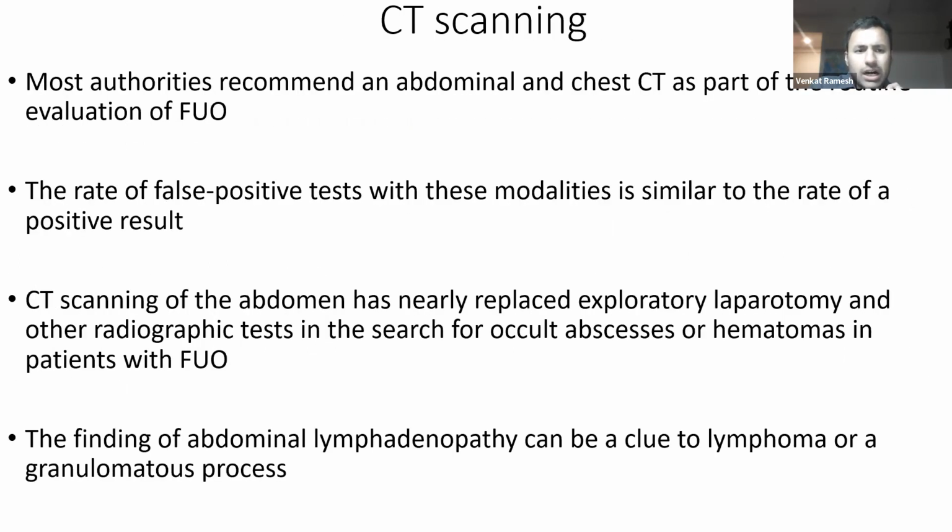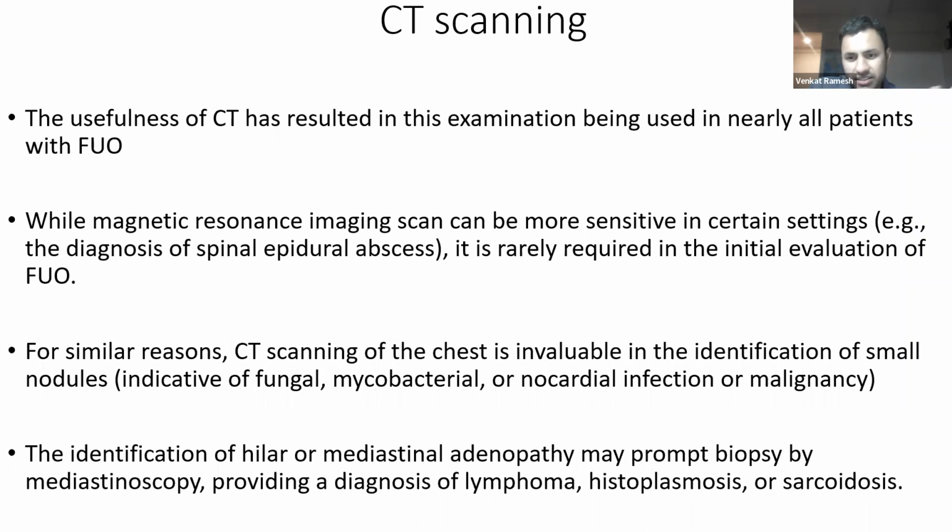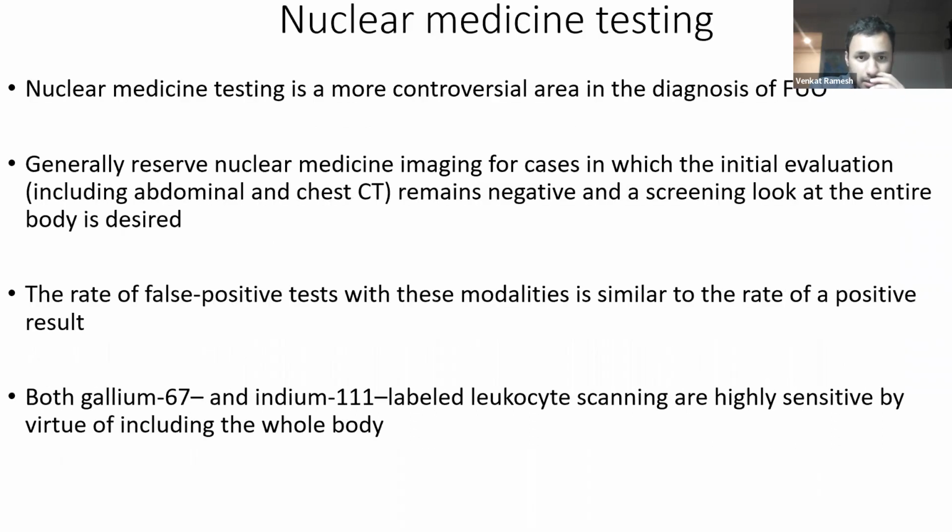So the question really is, what advantage does whole body PET-CT give us in terms of diagnosis? Traditionally, the recommendation is an abdominal and a chest CT, but this has really been to some extent superseded by whole body PET-CT imaging.